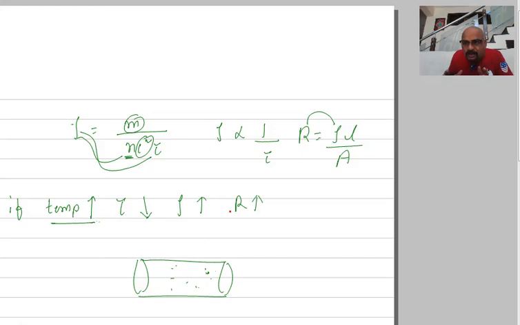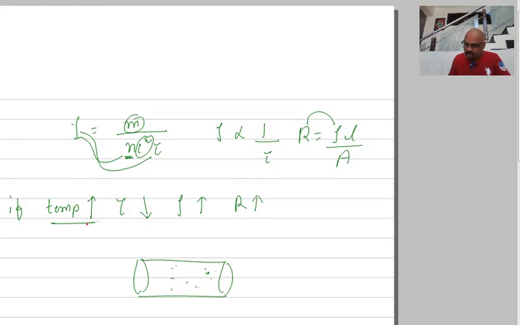Because the electrons start moving rigorously, they suffer many collisions. If the collisions increase, then the time interval between two collisions will decrease. If the time decreases, since rho is inversely proportional to tau, rho increases. If rho increases, R increases.